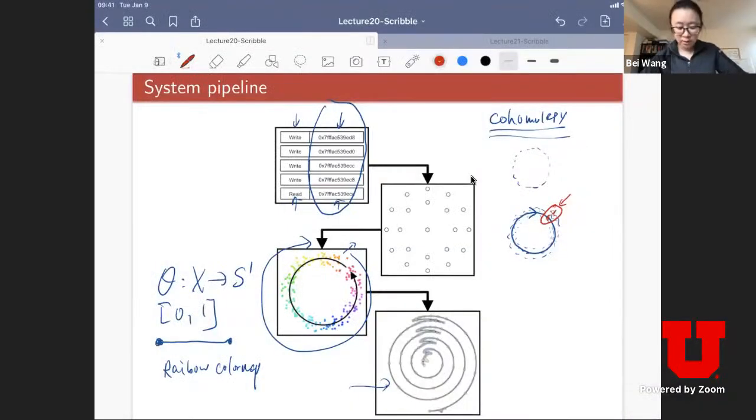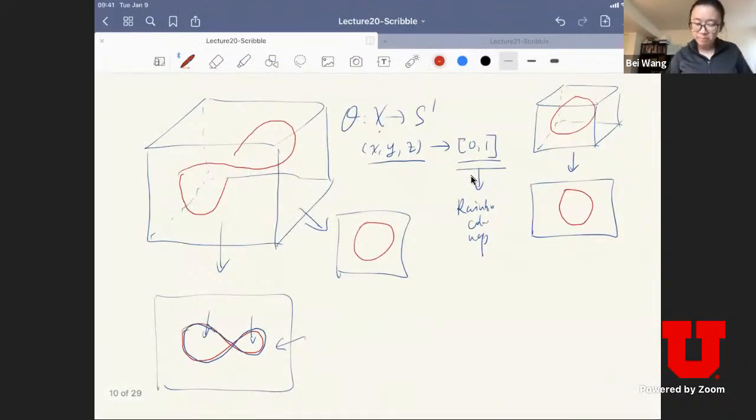So let's have a quick mental exercise, right? What if my point cloud is sampled from a torus? It's a three-dimensional point cloud sampled from a torus. We all know that, for a torus, there are two important loopy structures, right?